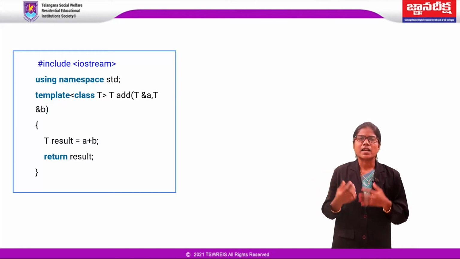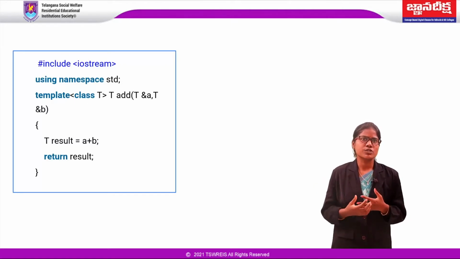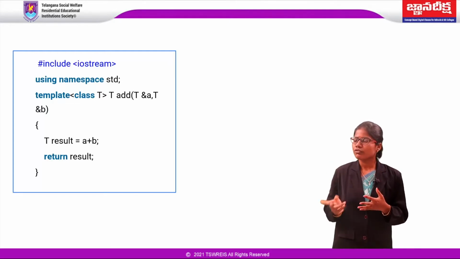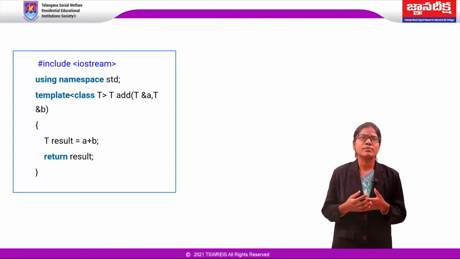This is an example of a function template, which is written using the template keyword before the function. T is a placeholder which gets replaced with a data type. This add function accepts two parameters. This function is meant to add two numbers, and the result will be stored in the result variable and the value will be returned after function execution.